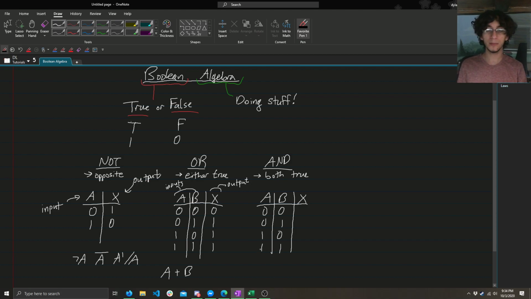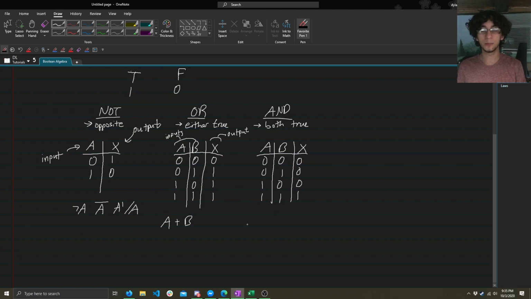Therefore, 1 and 1, that's the only place it's going to be true, because that's the only place where A is true and B is true at the same time. And all the rest of these are going to be 0, false, because only one or none of them is true. Now the symbol for this is either going to be A times B, or A and B together with no symbol. And this here is the one you're going to see the most often.